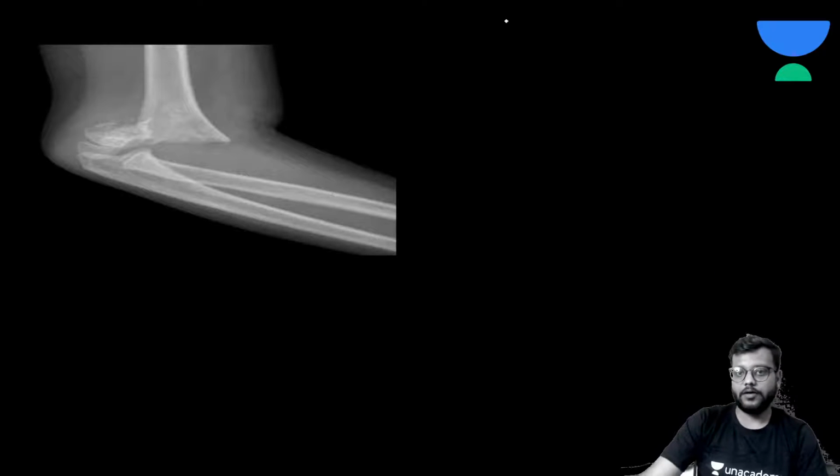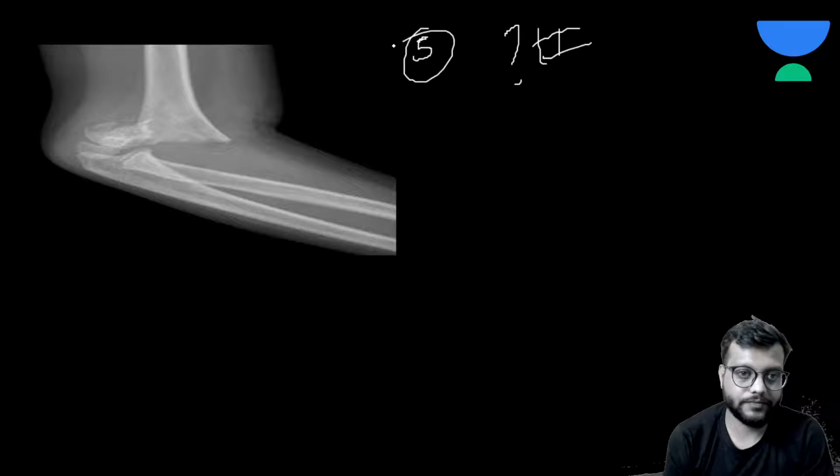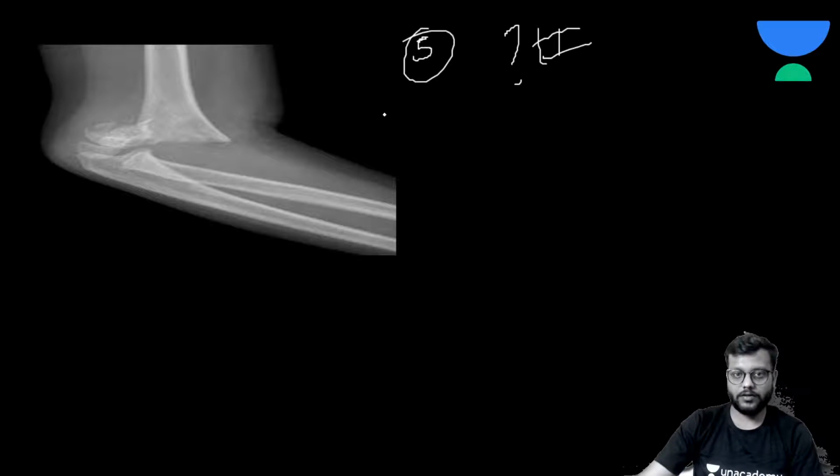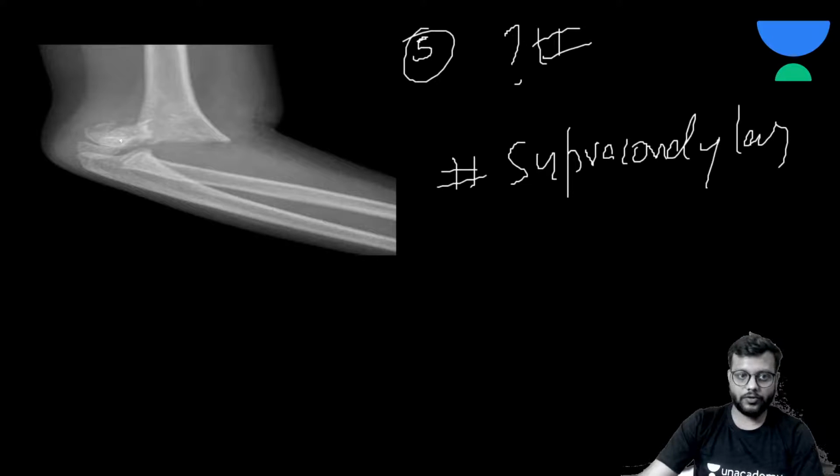Okay. Which fracture is this? This is supracondylar fracture of humerus. Okay, you can see the fracture is above both condyles.